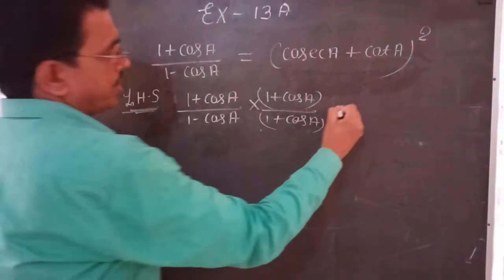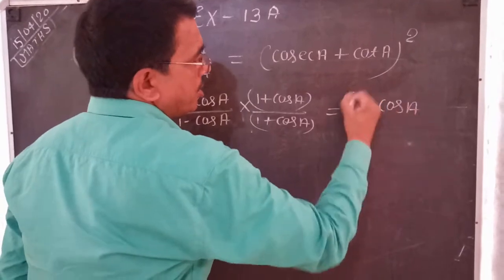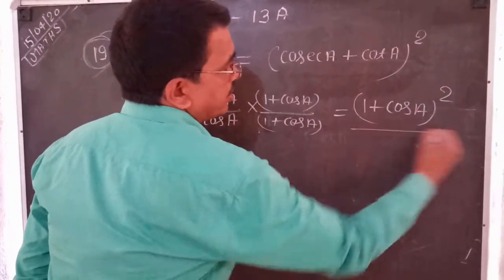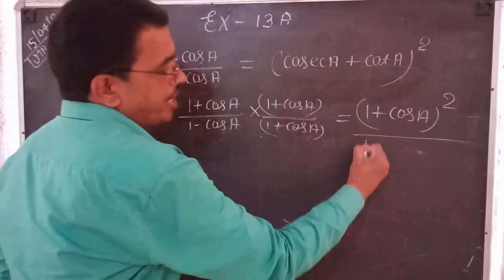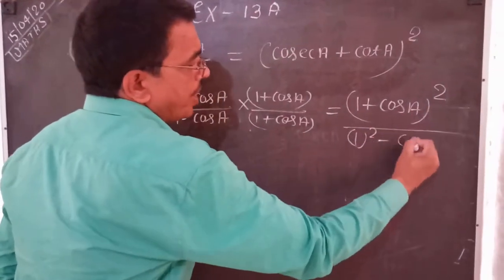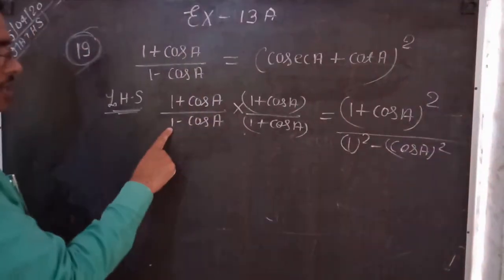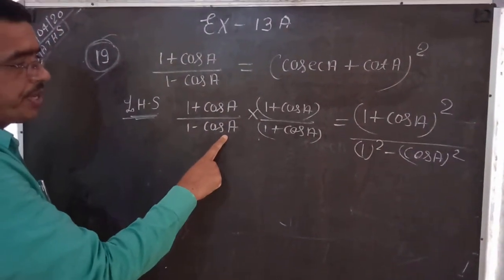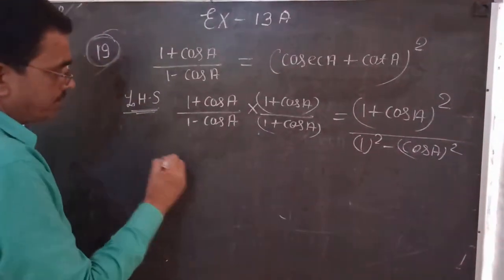What you get? You get here 1 plus cos A whole square, and this is A minus B and A plus B, then A square minus B square, because in place of A is 1 and in place of B is cos A, so for A minus B and A plus B, we write A square minus B square.